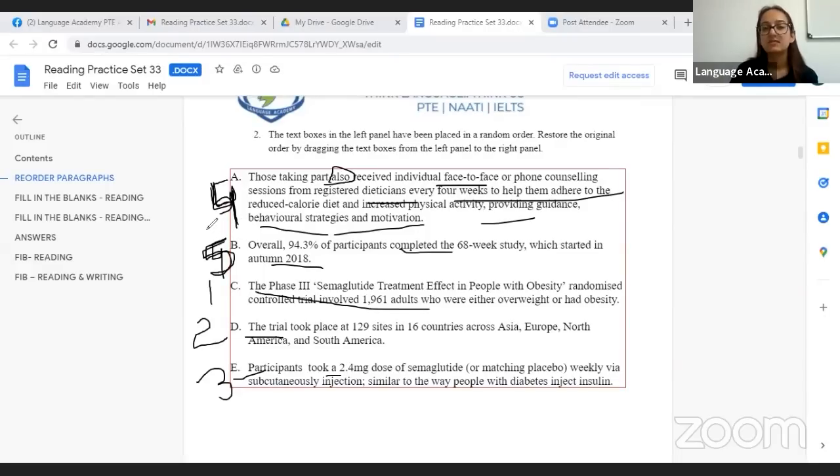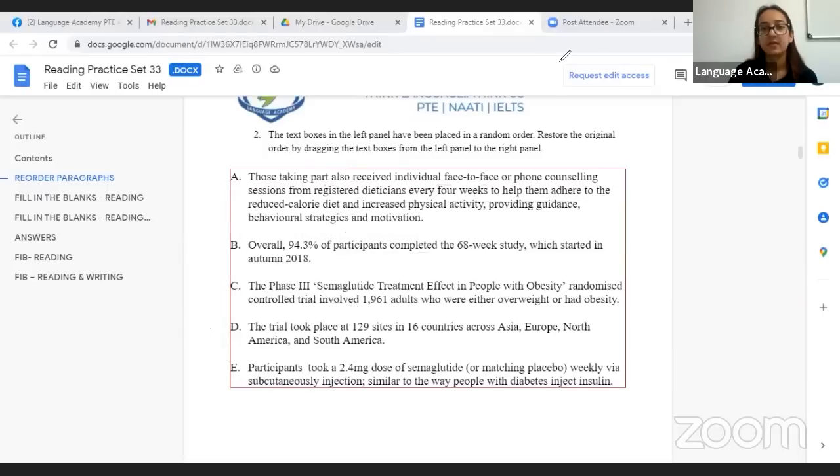So A and B is better than BA, right? All good with this one now? C, D, E, A, B, yes. Right.